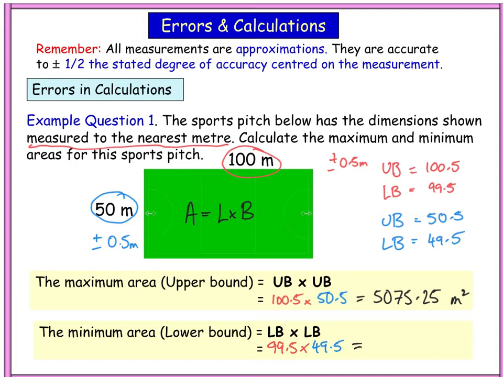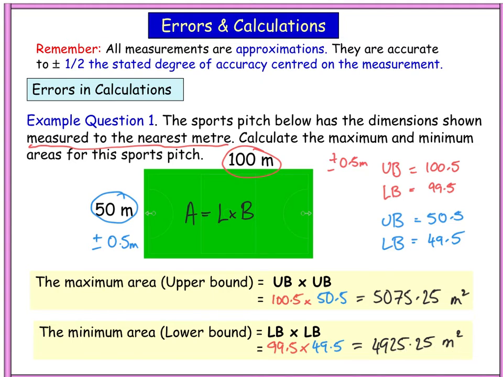And when we do that, again, just straight into the calculator, we get 4925.25 metres squared. And so the maximum possible area is 5,075.25 metres squared. The minimum possible is 4925.25.